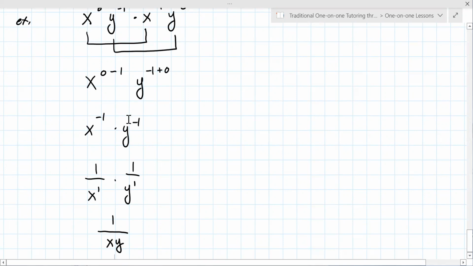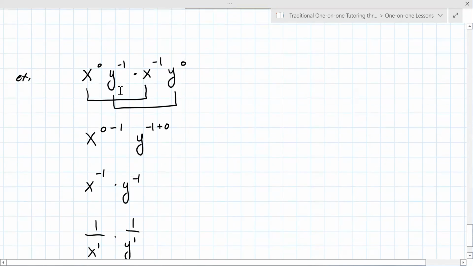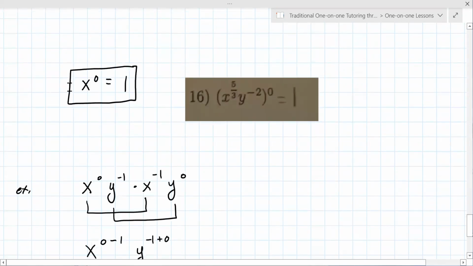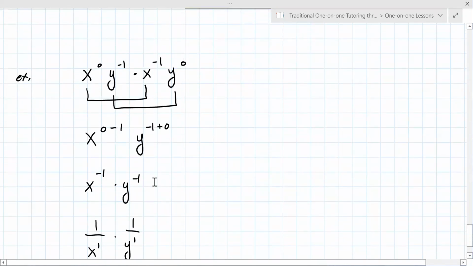Okay, now I'm going to go back to the original question because it's like, well, hey, what about this property up here? You just said anything to the 0 power is 1. Well, you can choose the order to apply the rules. So order of operations does not apply here, meaning that it's not like there's a priority. So you could say, all right, well, x to the 0 is 1.